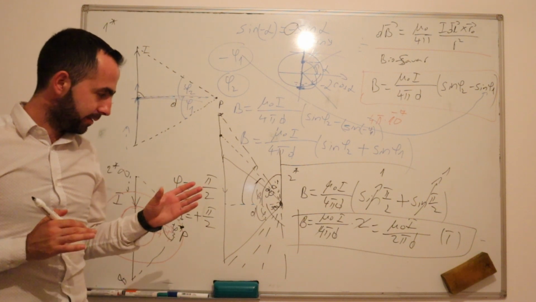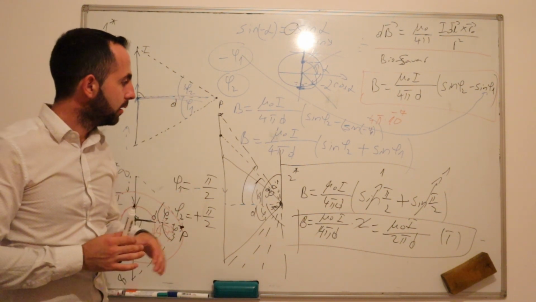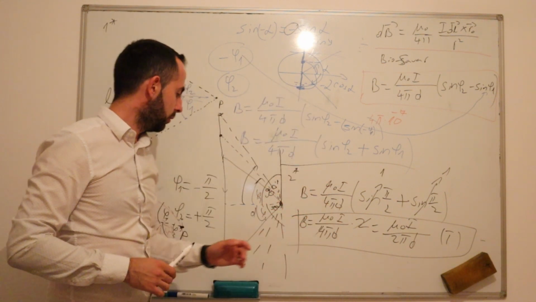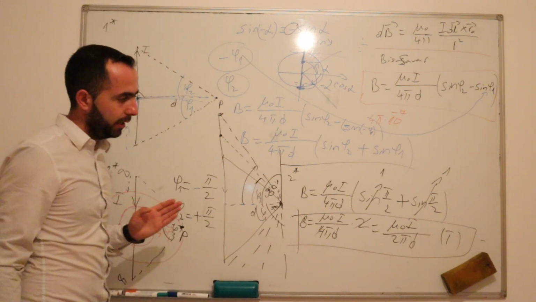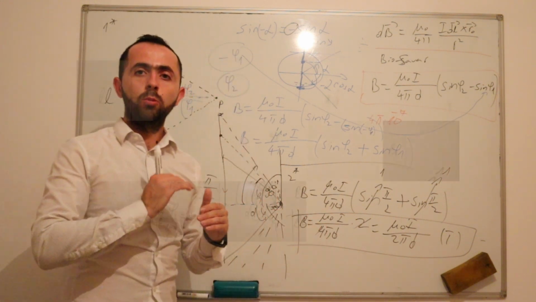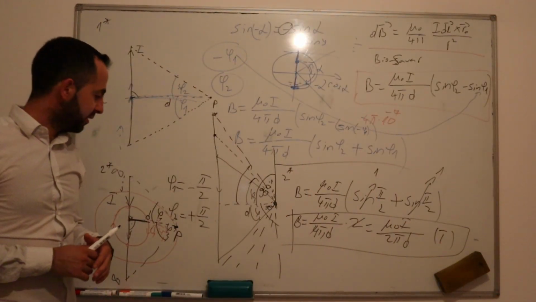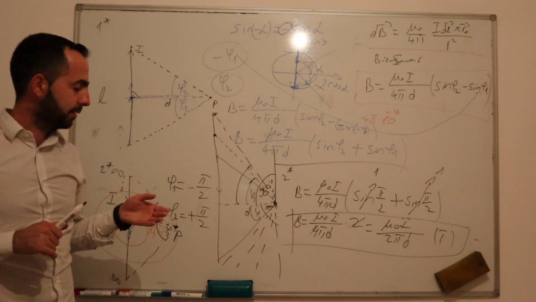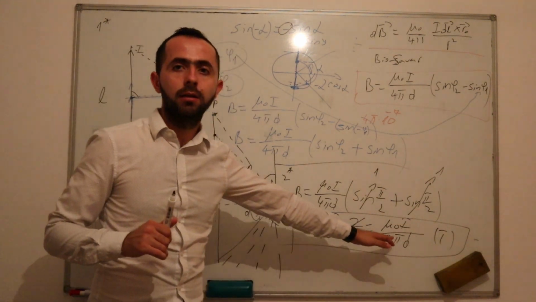Why? Because in these assignments at the beginning, we will use Biot-Savart's law to calculate the magnetic field for an infinitely long conductor at point D. But as we continue with our assignments, we will consider that you know this formula.